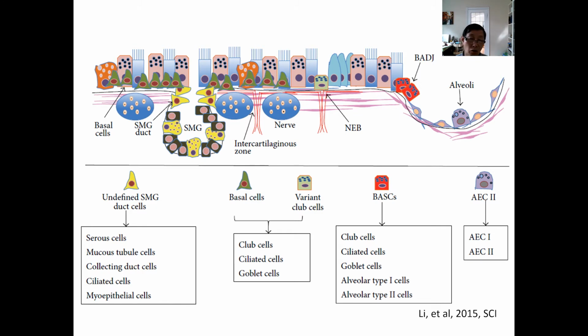For example, even in some mucosal glands, you have certain cells that can differentiate into other cells, such as basal cells, and you can see that they can differentiate into many different cell types. Even in the alveolar region, type 2 cells can differentiate into type 1 cells.